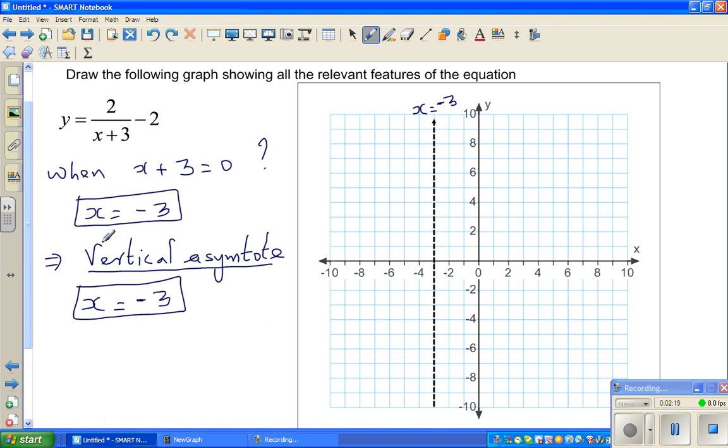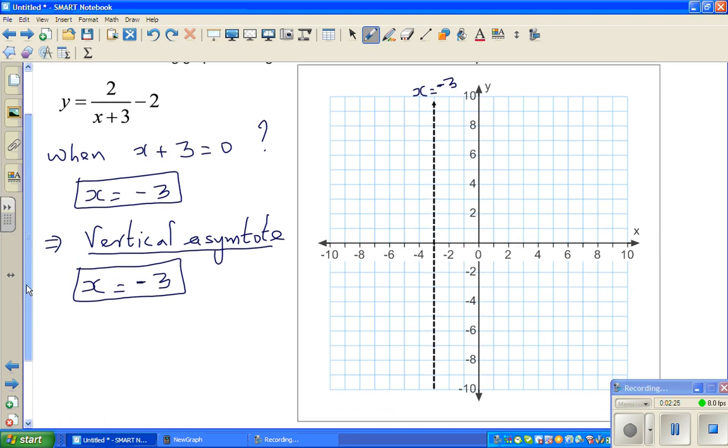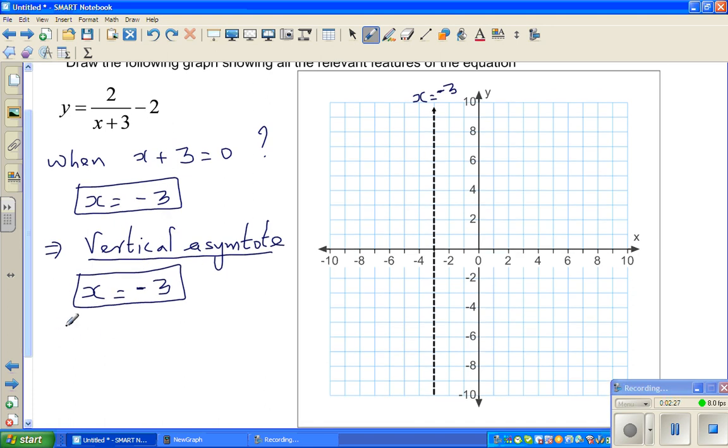The next thing is to decide the horizontal asymptote. We can give formulas, but if you don't understand the intuition, you don't understand what's happening. So these are basically two questions you have to ask.